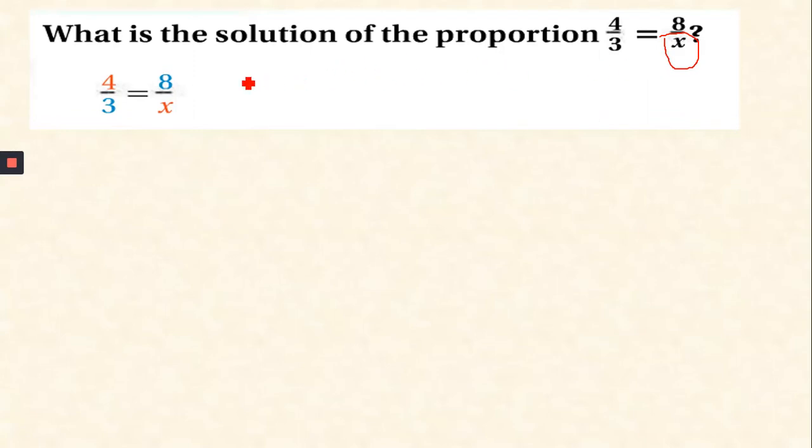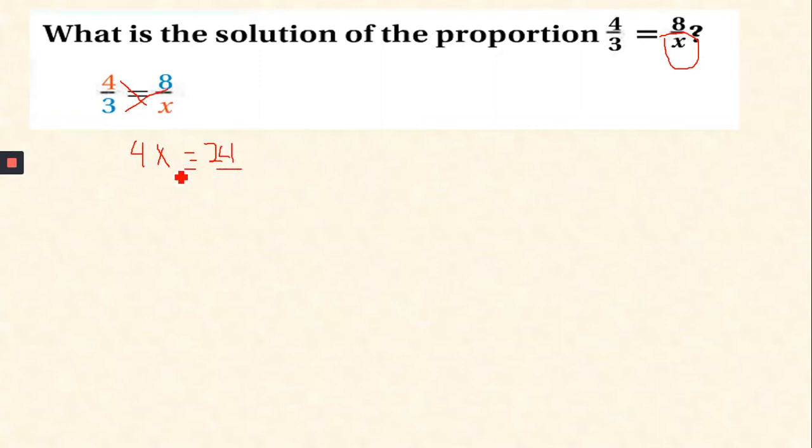In order to find the value of x, like what we have discussed earlier, you just apply cross multiplication. So you have 4 times x, that is 4x, equal to 8 times 3. What is 8 times 3? It equals 24.